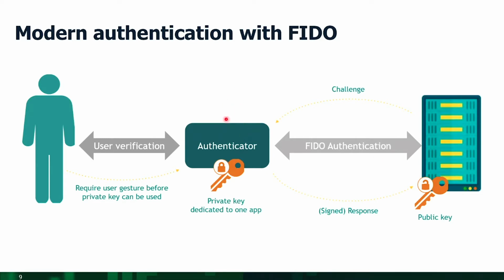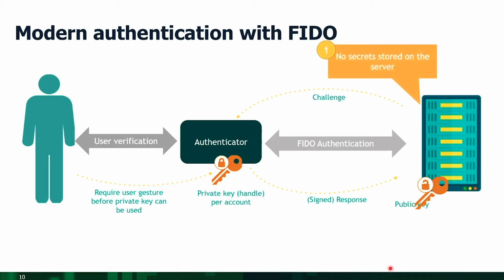So again, we've partitioned the user authenticating to the Authenticator and the Authenticator with the FIDO server. And because we're using public-private keys instead of shared secrets, which is what a password is, we no longer have the problem of passwords being stored on the server and creating risk for the end user.